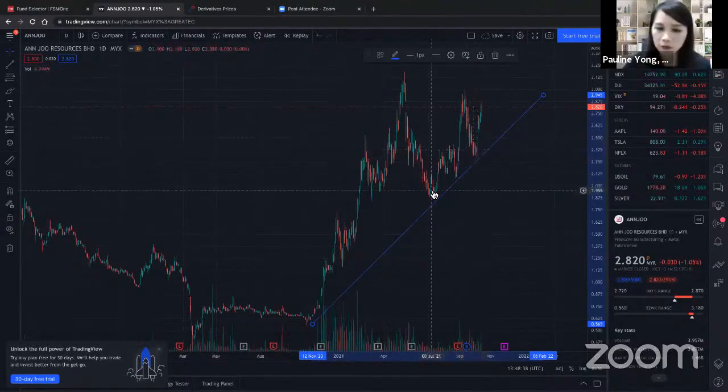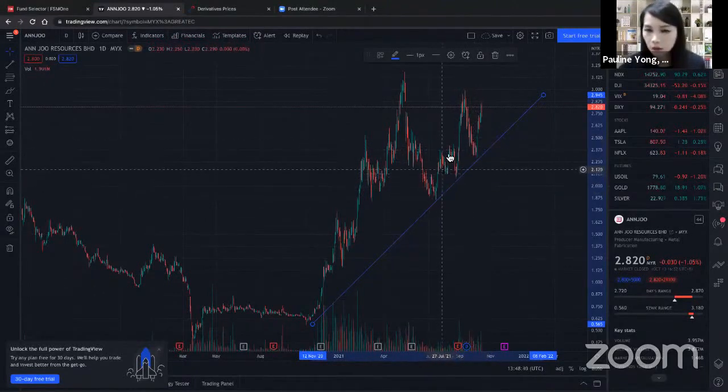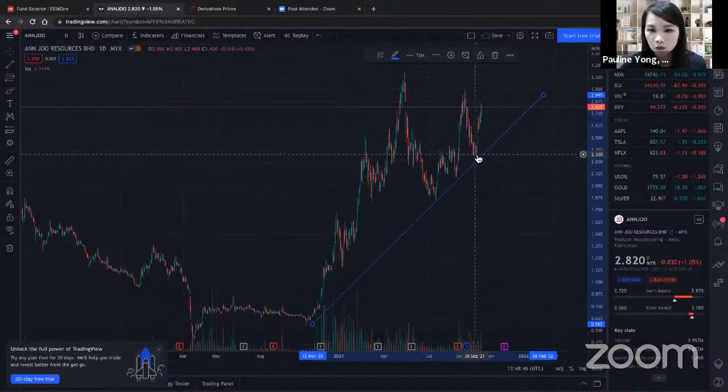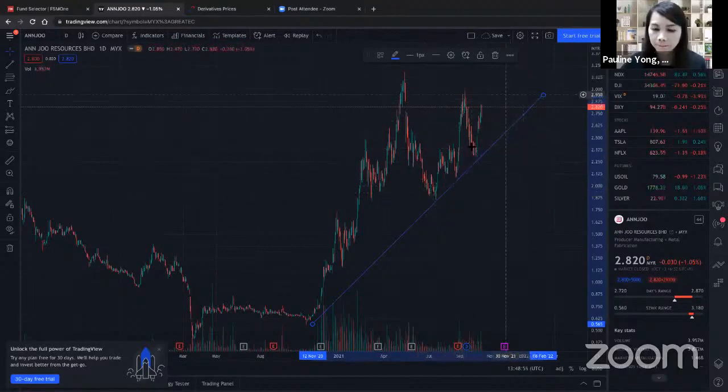So then you have to recount. You get what I mean? So when you are looking at here, if let's say you want to count 1, 2, 3, but this 4 is too much. So you can't do this as a wave 4. So then you have to recount. So then you have to say that, okay, 1, 2, and then you have to count again. So here maybe this is still 1, and then this is wave number 2.